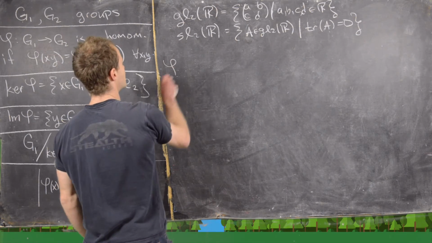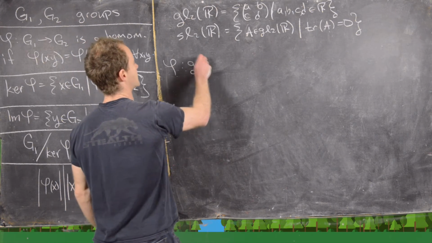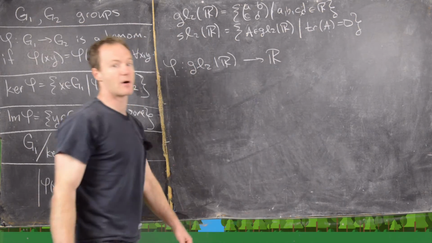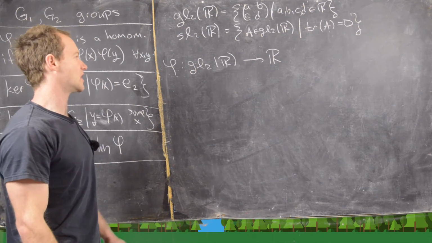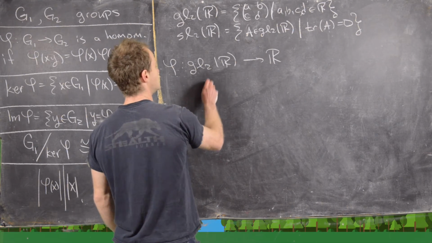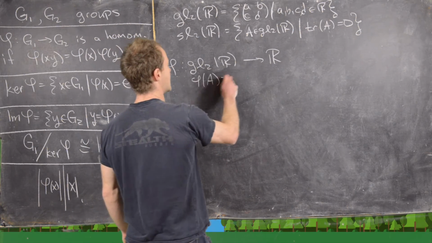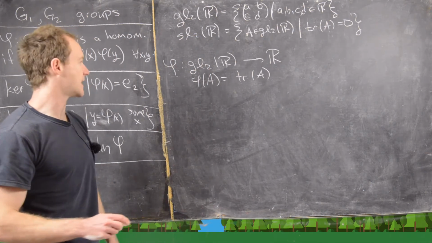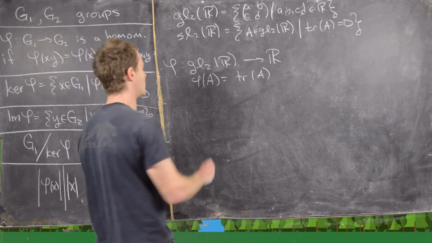Okay, so now the first thing I want to look at is this map from gl2(R) just to R. Addition is my operation on both sides, and what I'll do is take phi of A to be equal to the trace of A. We can easily check that this is a homomorphism.